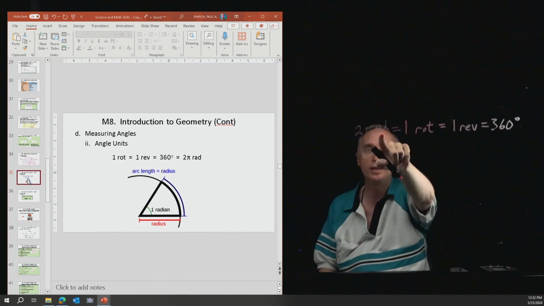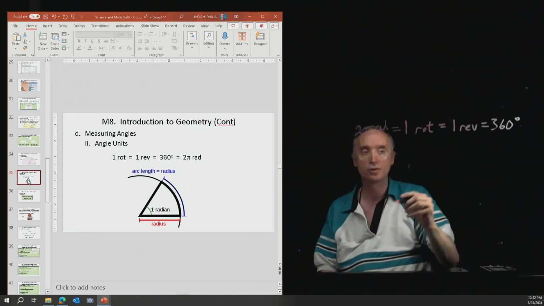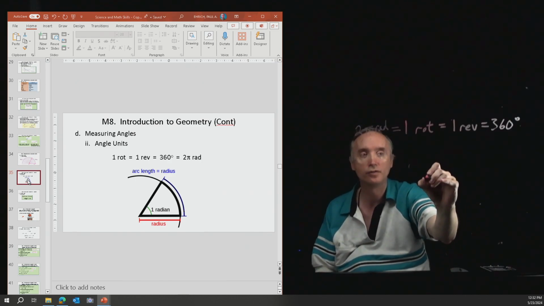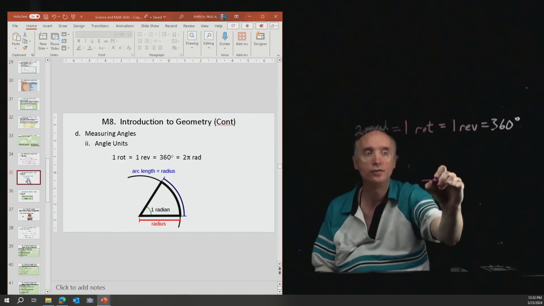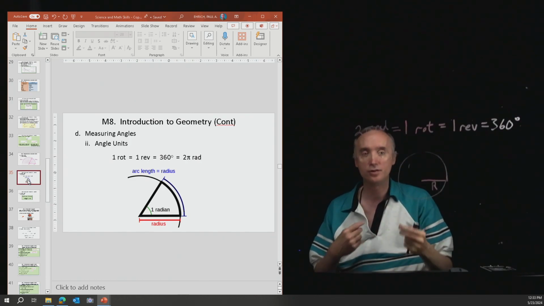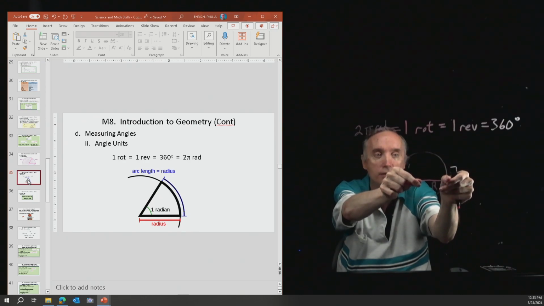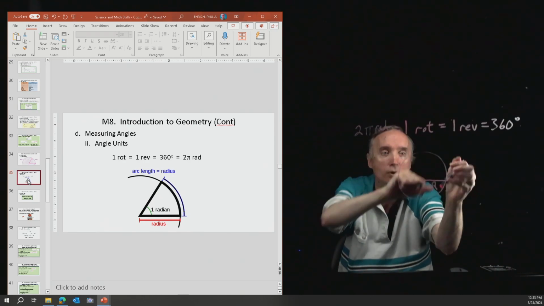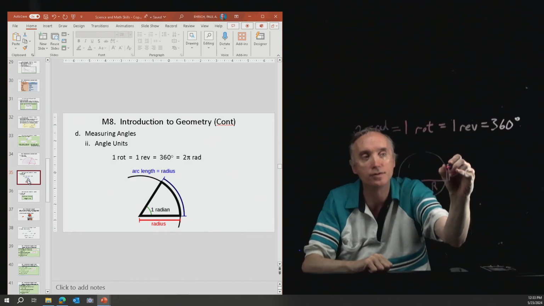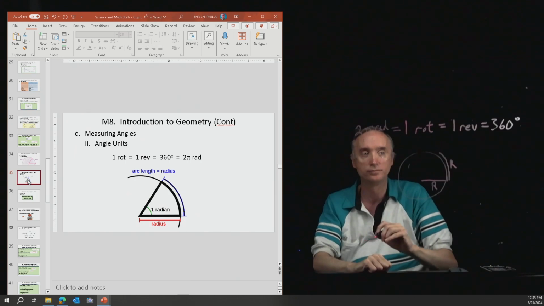So the radian is really the correct unit to use in physics formulas. So where does the word radian come from? If you have a circle with a radius r, and you take a piece of string and measure that length, and then wrap it around the outside, this distance here is still r.